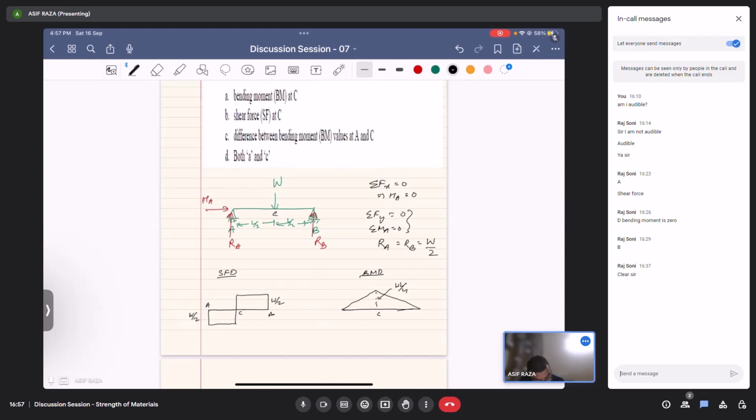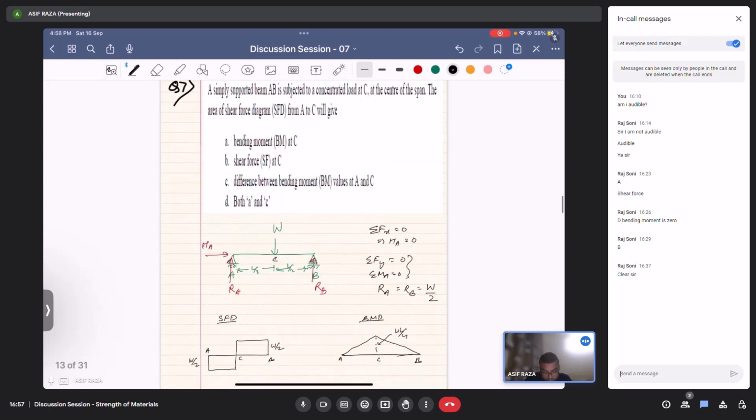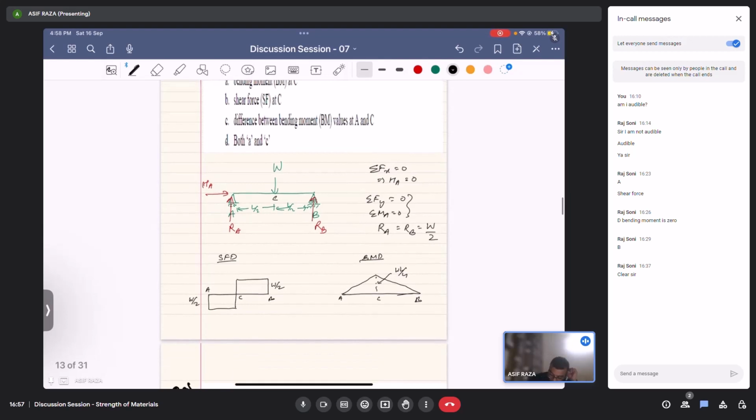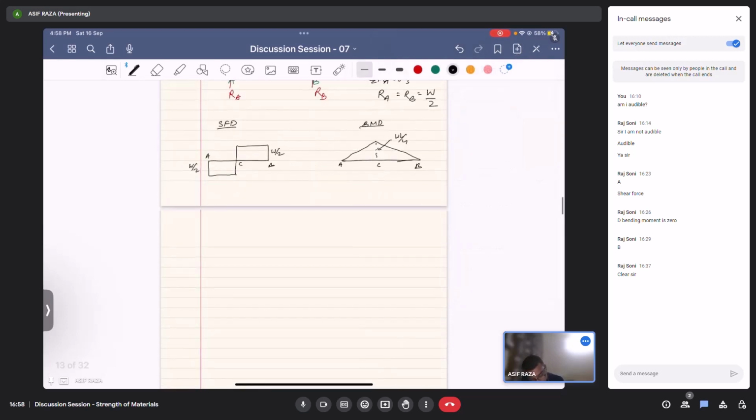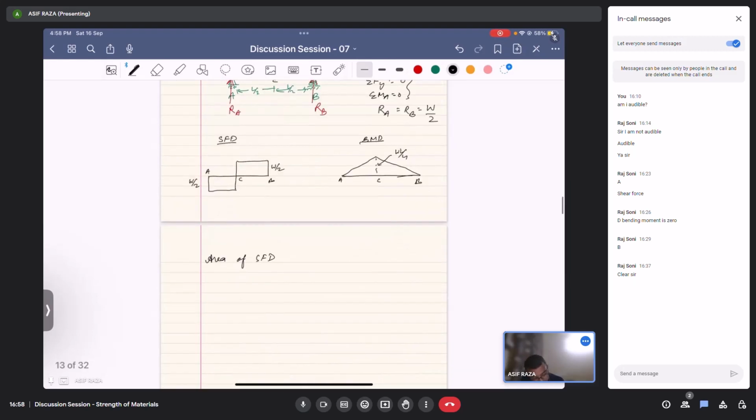A, B, and A, B. Now the question is the area of shear force diagram from A to C. If you see, the area of shear force diagram from A to C is equal to W by 2 times L by 2, that is WL by 4.